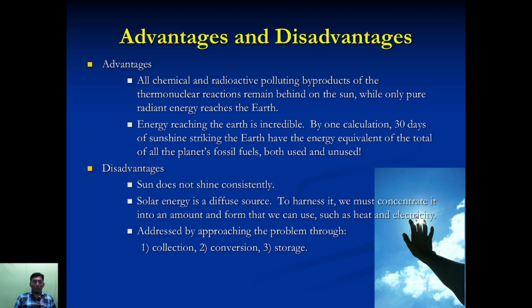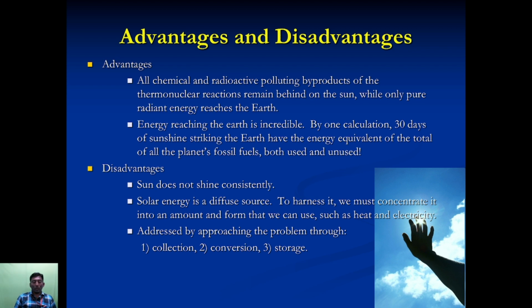From morning 8 o'clock to evening 5:30, maximum 6 o'clock, we can receive the radiation from the sun in a huge amount. At other times it will be a minimum amount.